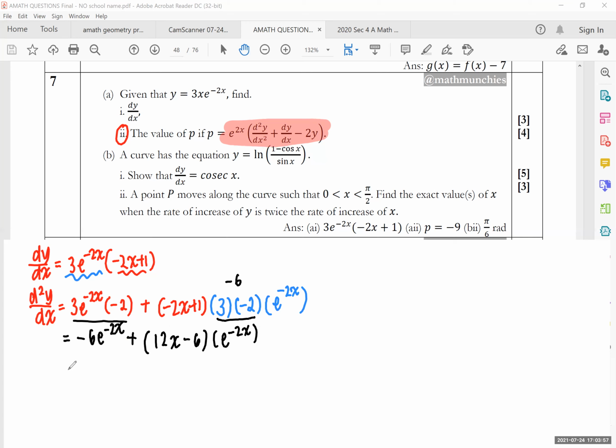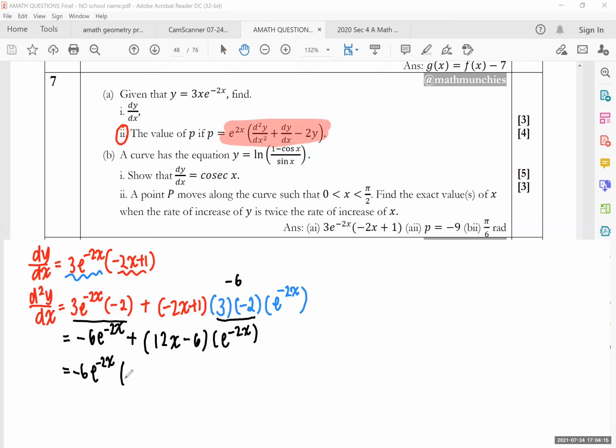Do you realize that you can take out a common term? What's the common term you can take out? Negative 6 and e to the power of negative 2x. So what am I left with now? Be careful.